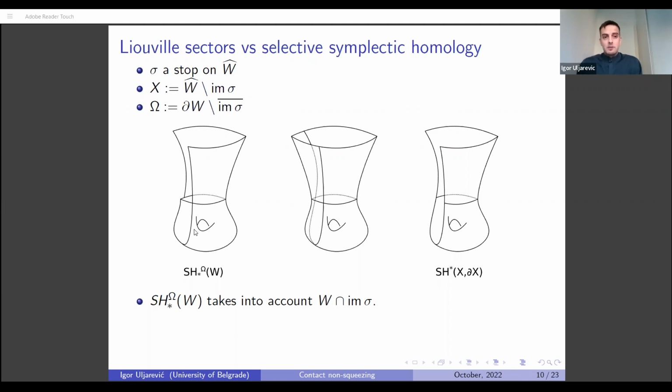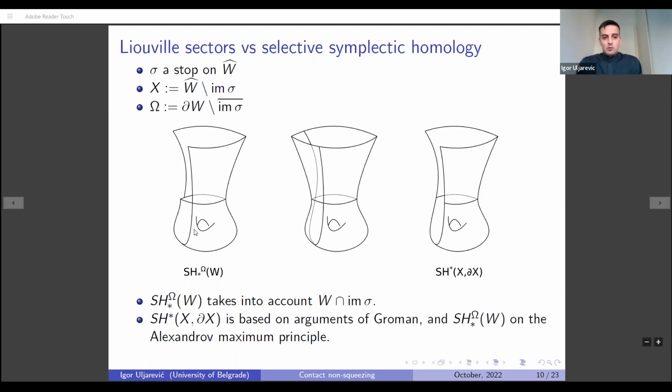Now there is a difference between selective symplectic homology and symplectic cohomology for Liouville sectors that is more on the technical side. Symplectic cohomology for Liouville sectors, to prove compactness, uses arguments by Groman. Whereas the selective symplectic homology uses the Alexandrov maximum principle.